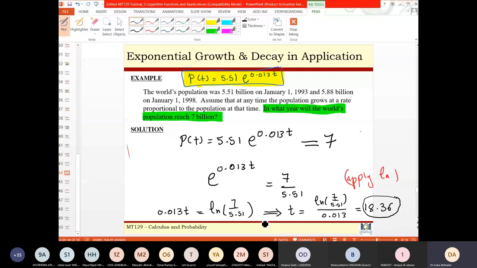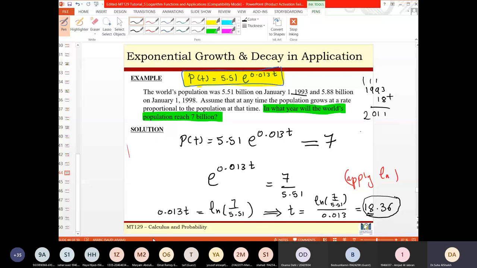So we were in 1993. After 18 years, what will be the time? We add 8 and 3, this is 11, 1, 10, 11, 1. Am I correct? 10, 1, and 2. So at the year 2011, right? Yes.